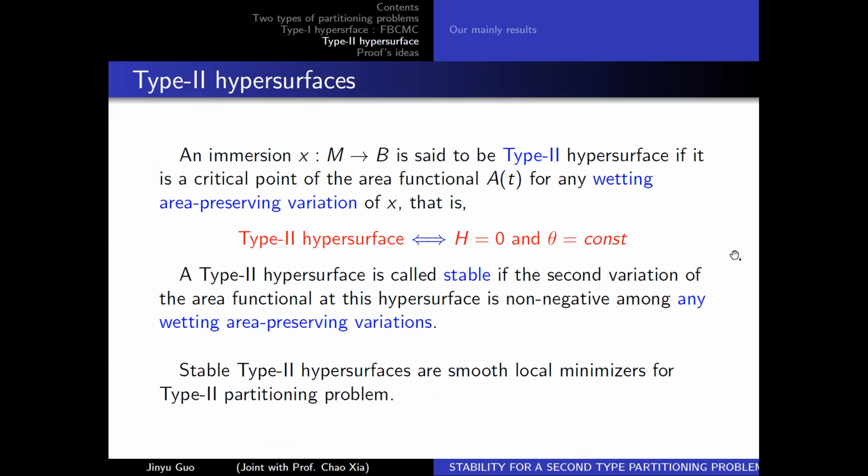A type 2 hypersurface is called stable if the second variation of the area functional is non-negative among any wetting area preserving variations. And it's very obvious that stable type 2 hypersurfaces are smooth local minimizers for the type 2 partition problem.